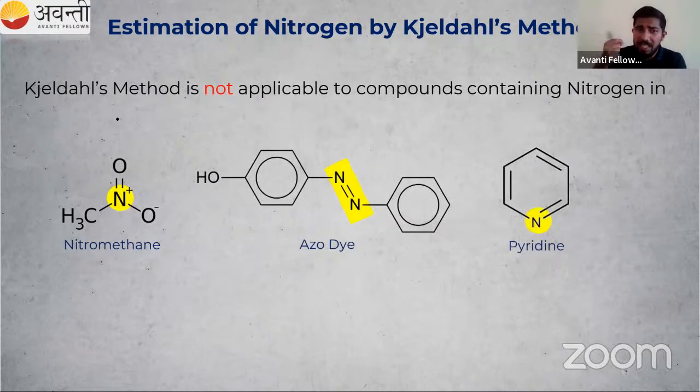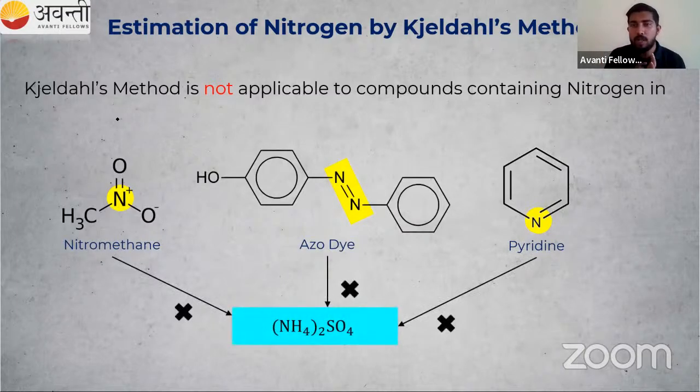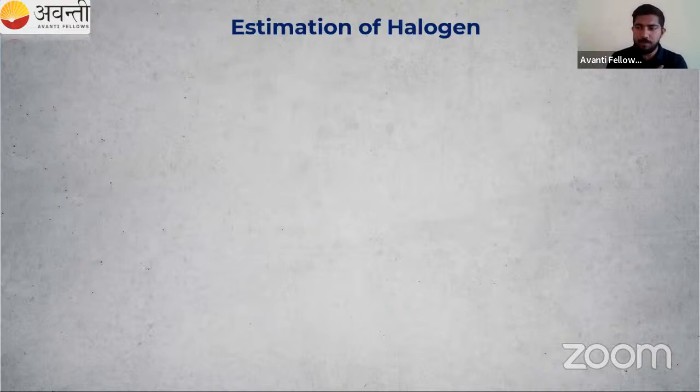Why is it not applicable to these compounds? Because they cannot form ammonium sulfate. Kjeldahl's method is based on ammonium sulfate. From the ammonium sulfate, we find the percentage of nitrogen present. If these compounds are not forming ammonium sulfate, then how can we use Kjeldahl's method? That is a recall question for you.